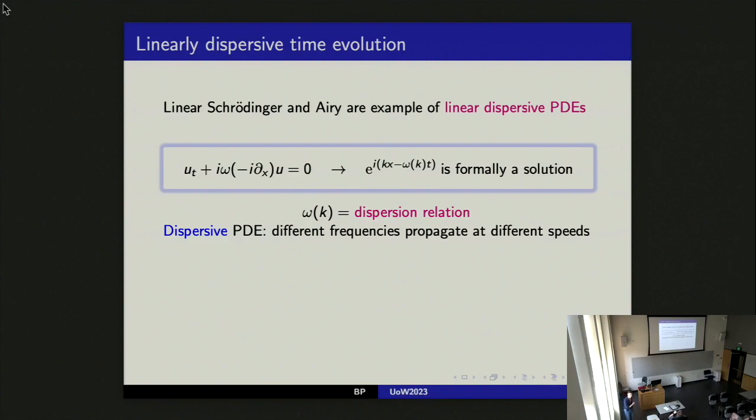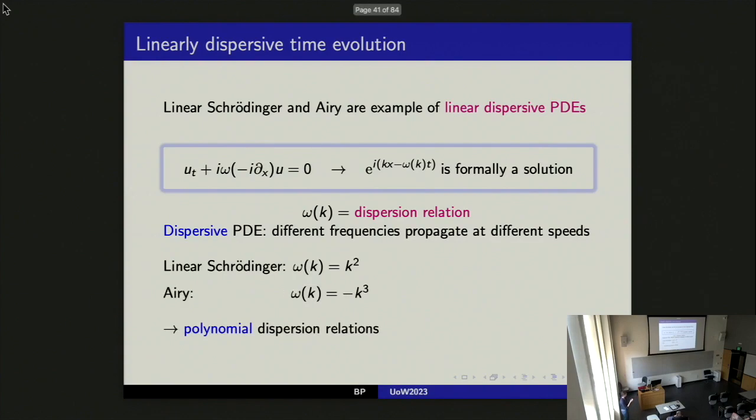And in my theorem, I always had a polynomial as a dispersion relation. Okay, for linear Schrödinger, it was k squared, and for Airy, it can be plus or minus k cubed. But in any case, polynomial. And that's the only case that the theorem covers: polynomial with constant integer coefficients.